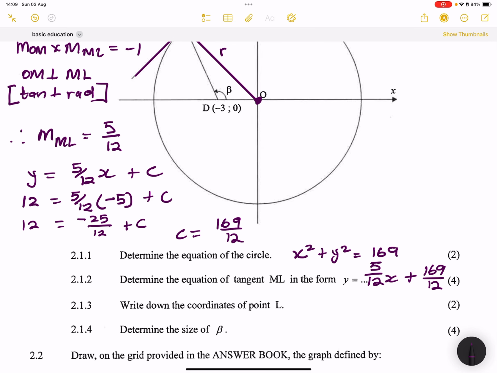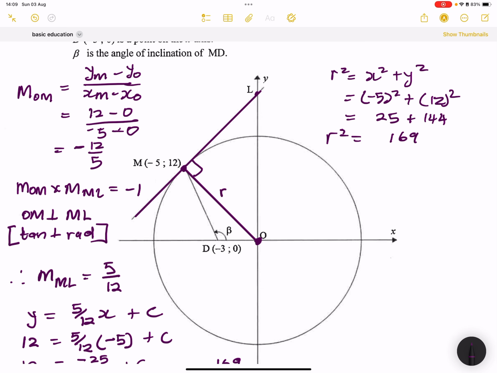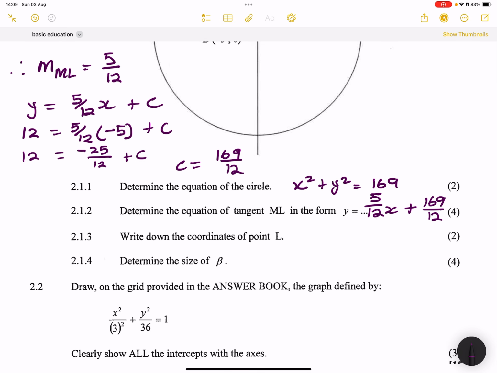So that's the y-intercept of that line. We've just found out. Remember, at the y-intercept, we know that x would be equal to 0. So I can substitute 0 in that equation, and all we're going to get is y is equal to 169 over 12.